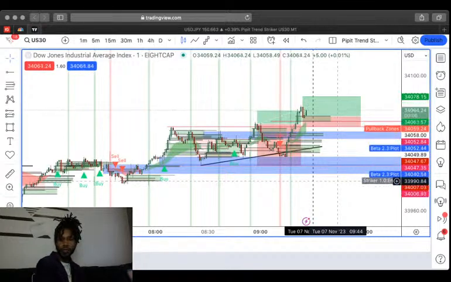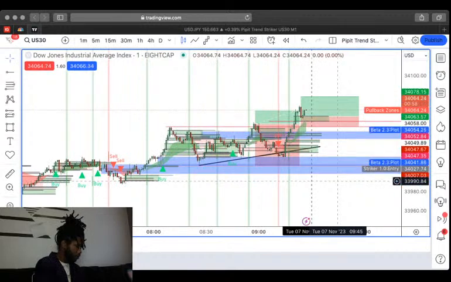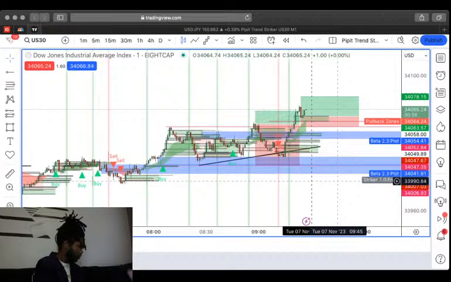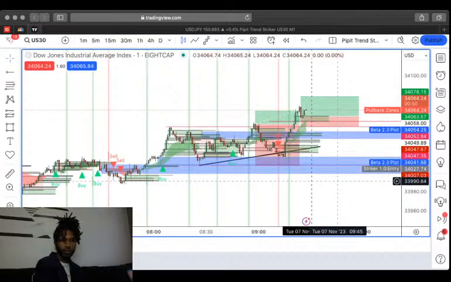Can we get 2-to-1? Alright, let's get 20 points off of this move. There we go. Come on. Let's get our 20 points before market open. Got 2 more minutes. Alright, let's just take that.